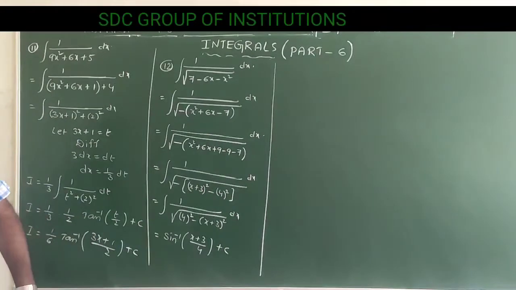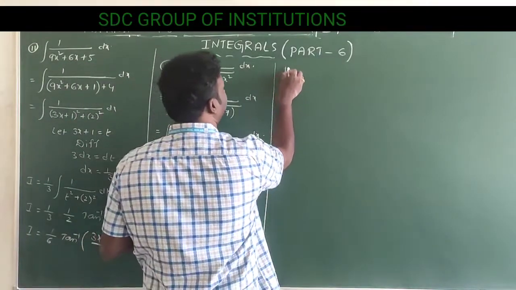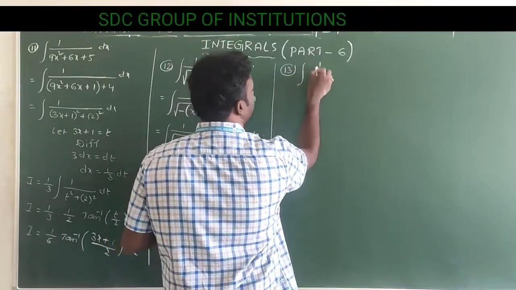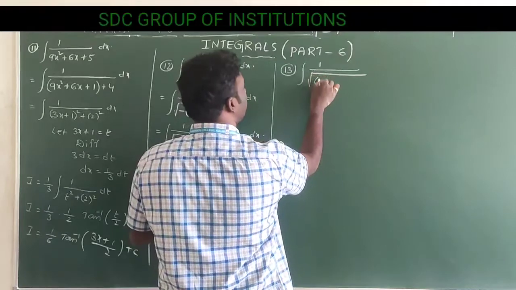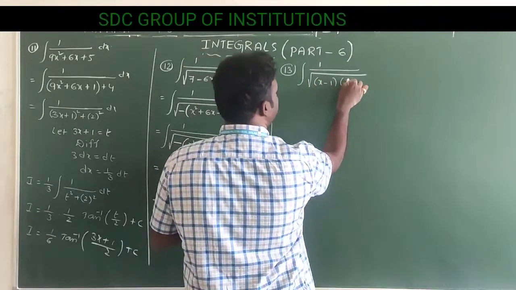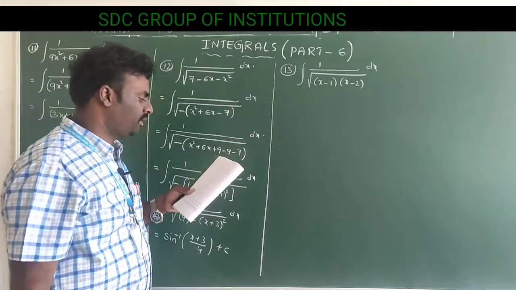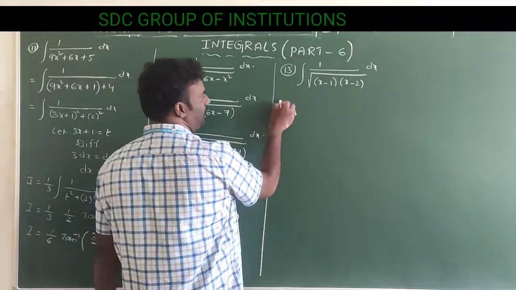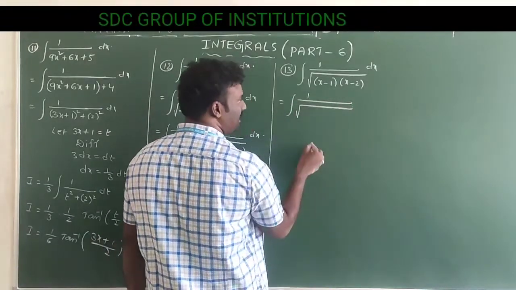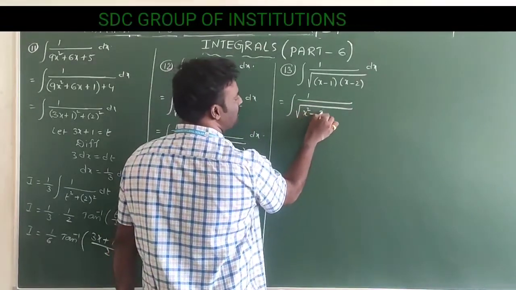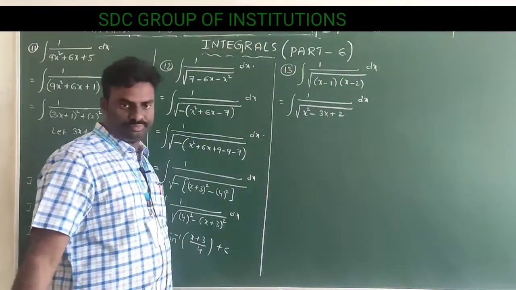Next, 13th question. Evaluate integral 1 by under root of x minus 1 into x minus 2 dx. Okay, now it can be written as 1 by under root of, if you multiply this, x square minus 3x plus 2, type 2.